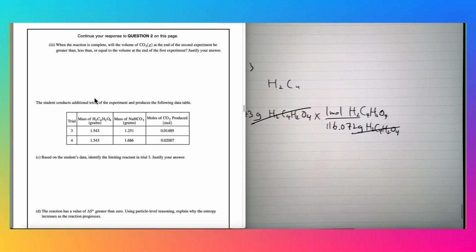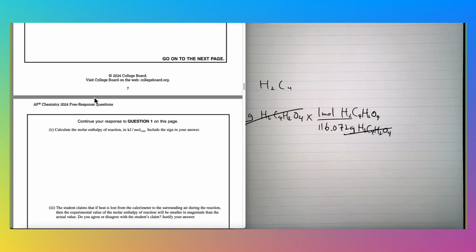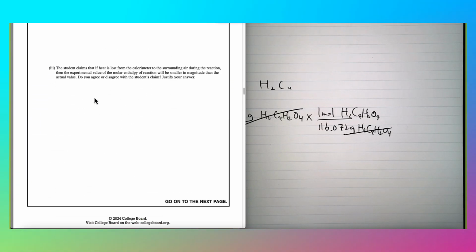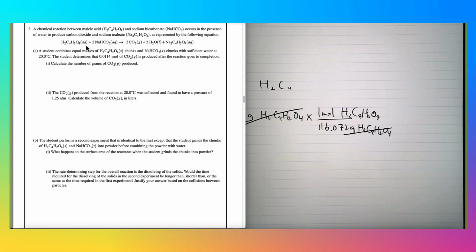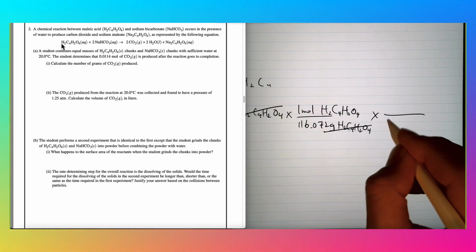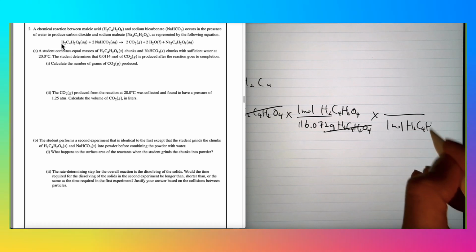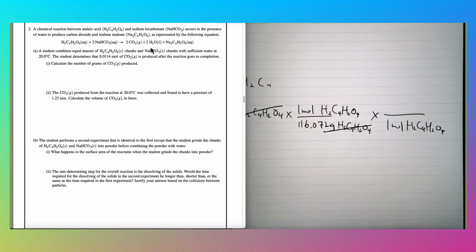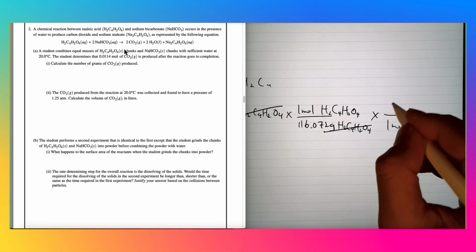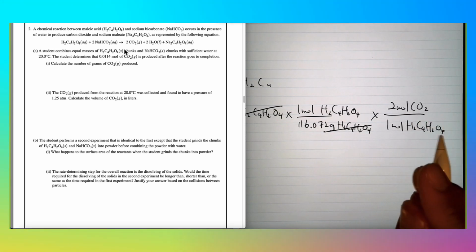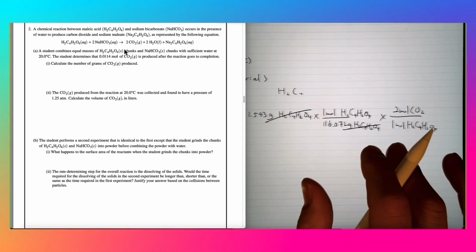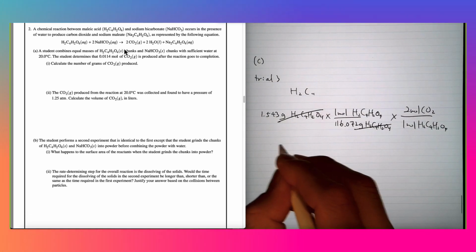Now we still need to pay attention to the coefficient. If you go back here, the coefficient is 1 to 2. So 1 mole of the maleic acid is going to create 2 moles of carbon dioxide product. Okay, so we're going to compare that and see which one is smaller.